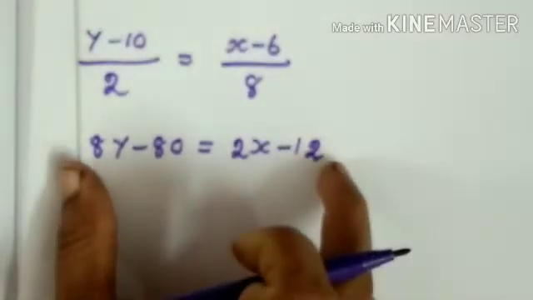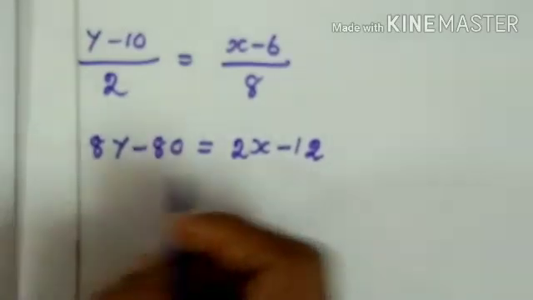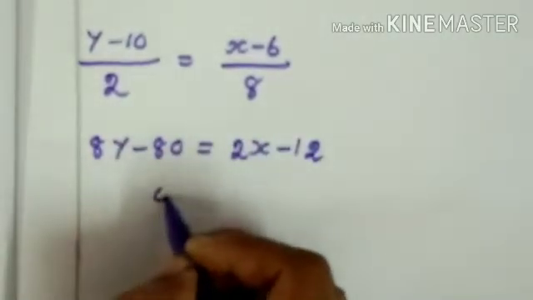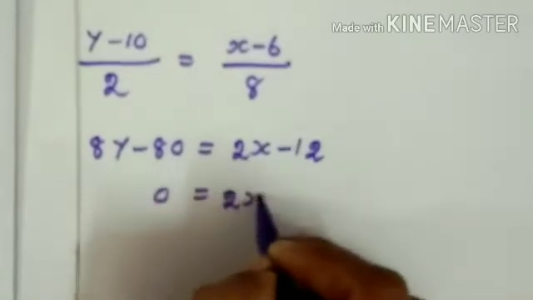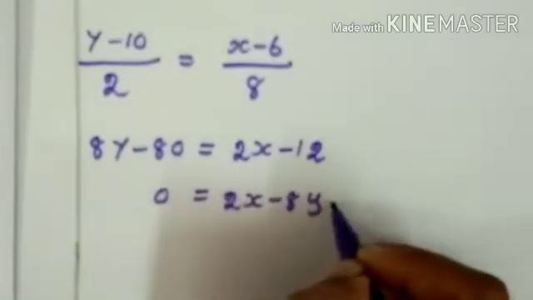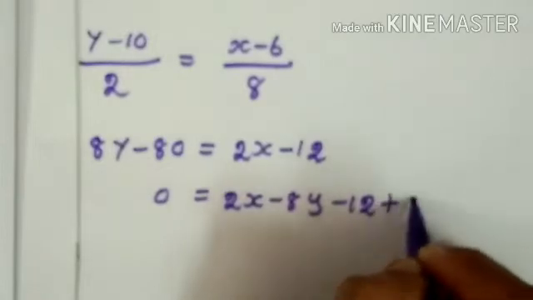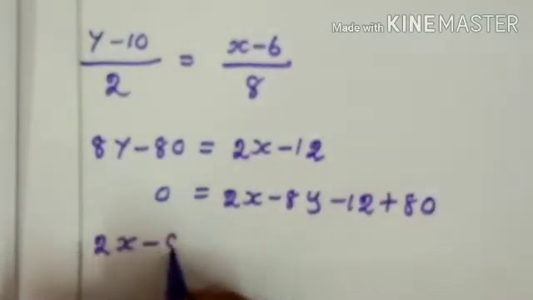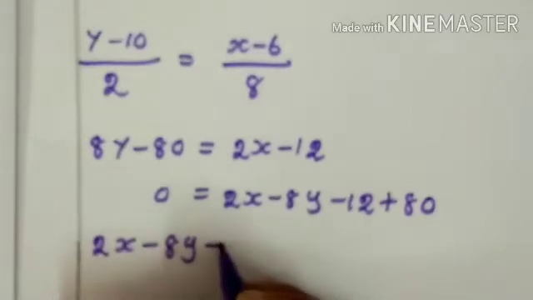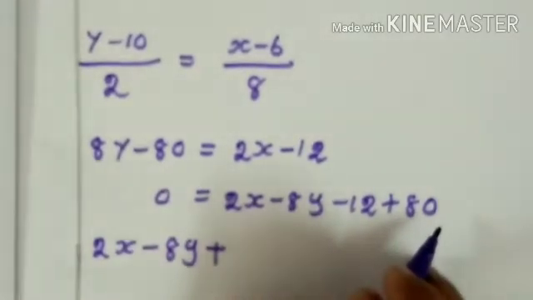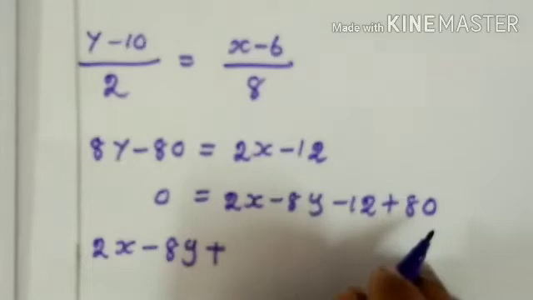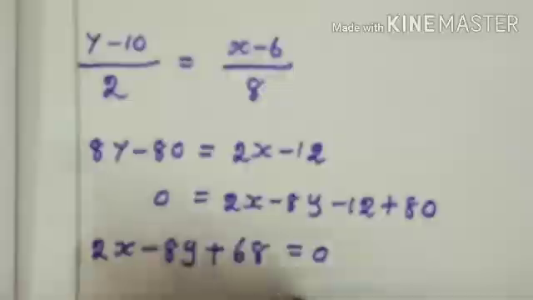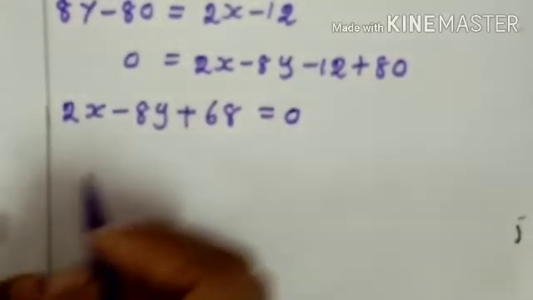Now, you have to bring this into standard form, that is 0 is equal to 2x minus 8y minus 12 plus 80. Therefore, 2x minus 8y minus 12 plus 80 means we get plus 68 is equal to 0. Here 2 is a common factor.